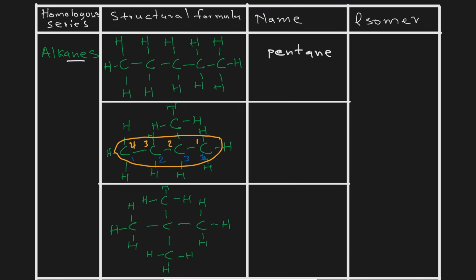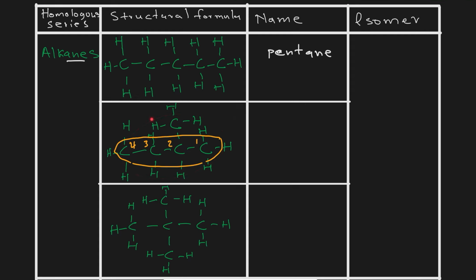If you do this, you will see this branch here is closest when we label the main chain moving from right to left. So that means we're going to label it moving from right to left. So the numbers that we have written here going to the right, we can just erase them. And then we can start to label this organic molecule.